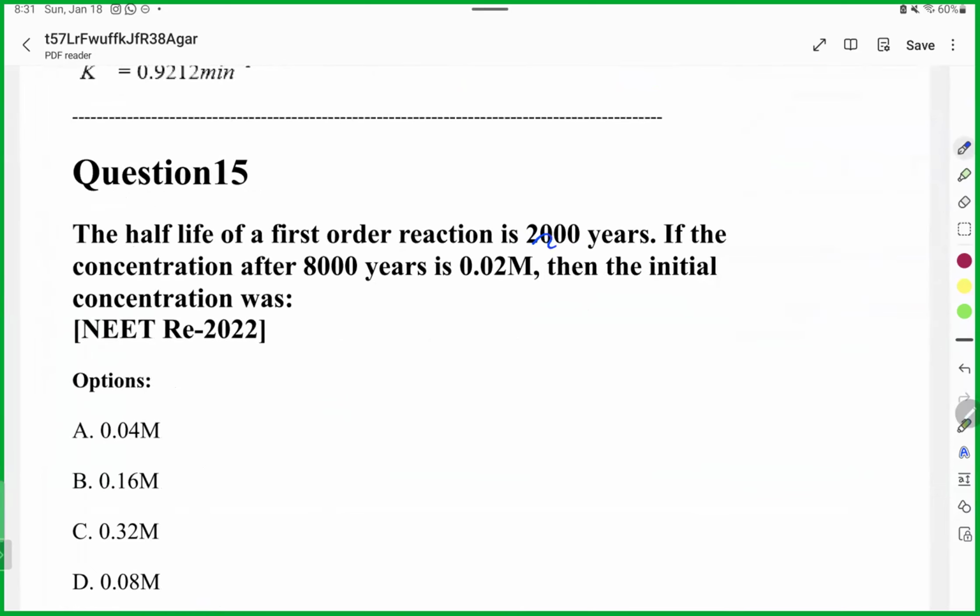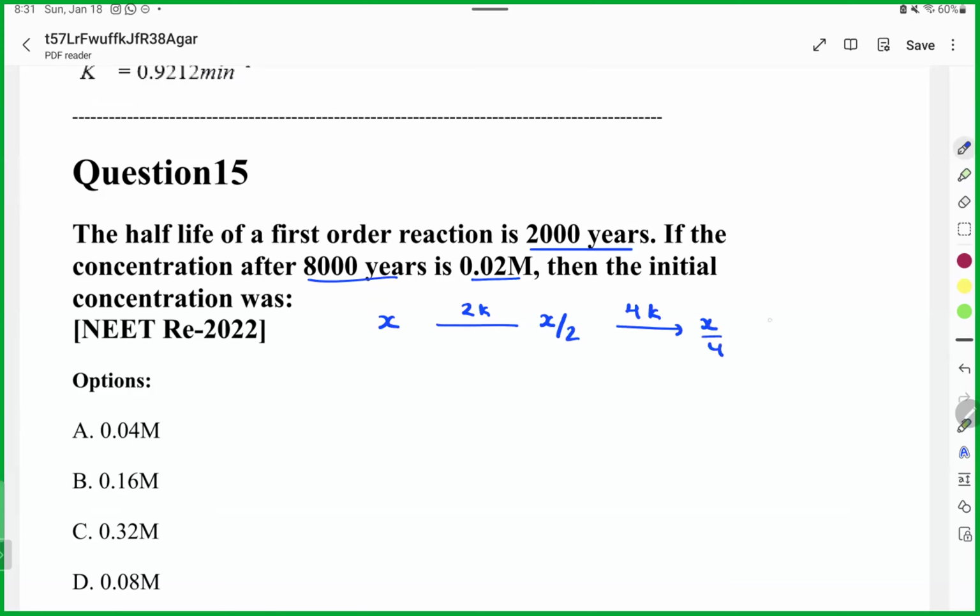See, half-life is this many years. If the concentration after 8000 years is this, what was the initial concentration? If you had initial concentration X, after 2000 years it will be X by 2. After 4000 years, it will be X by 4.